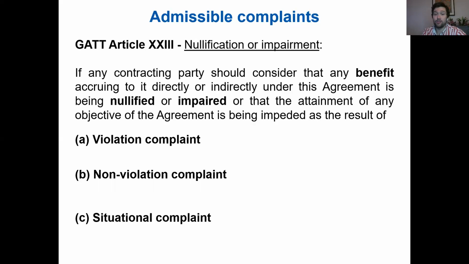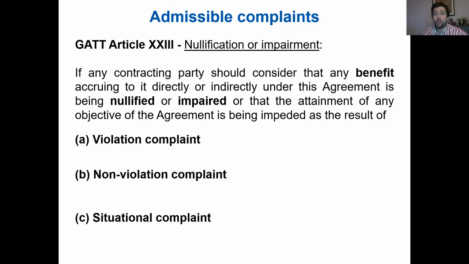What is the situation? Well, the other example of a non-violation complaint is my example with the Russian president saying in each and every interview that foreign cars are bad and Russian cars are very good. We said that it is not a violation of Article 3.4 for a simple reason that it is not a law, regulation, or requirement.